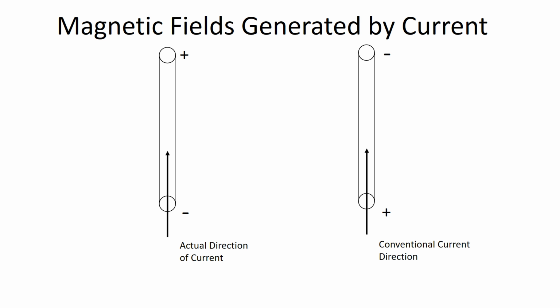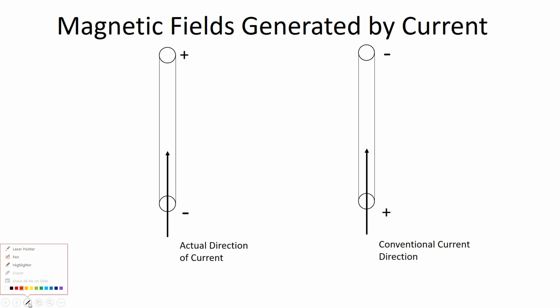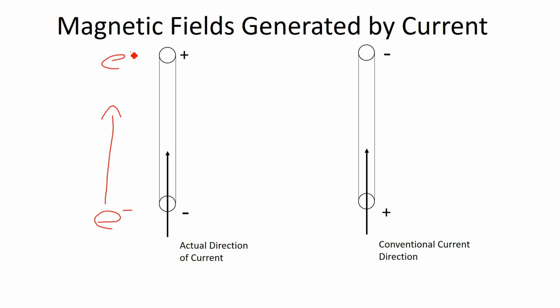So what happens is your electrons here, they move from the negative pole up to the positive pole. That's how the battery works. That's how electricity moves.